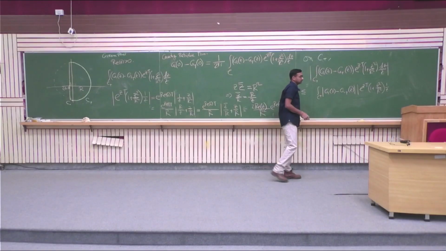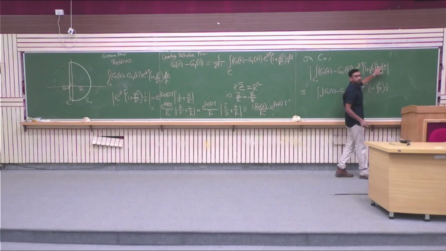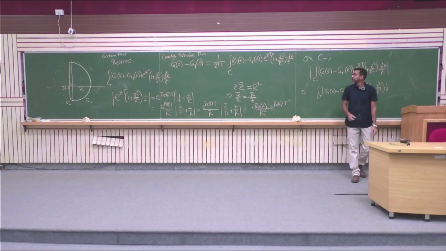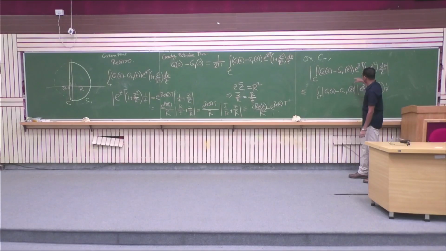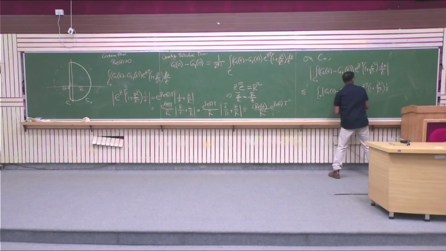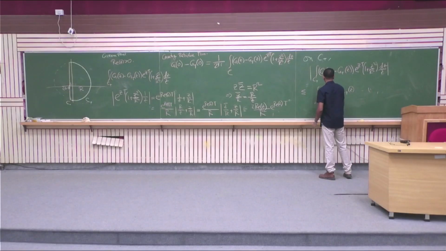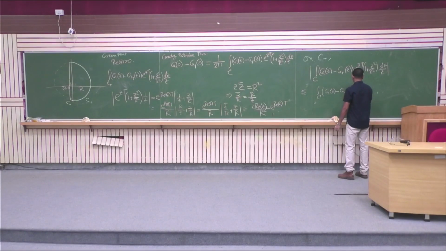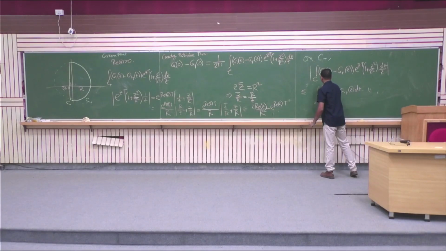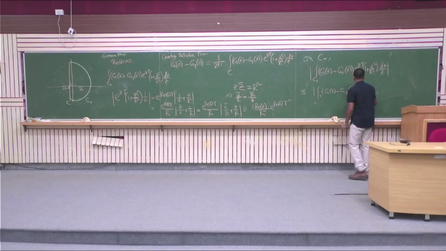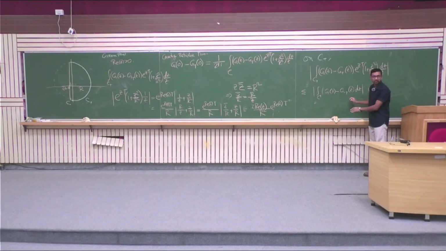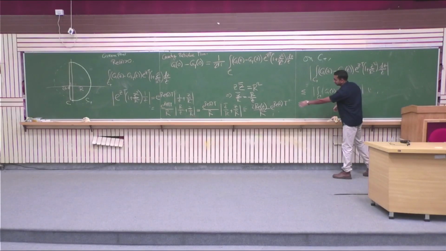Now, you are saying that what happens? I mean, with dz, but aren't we multiplying it already? I mean, didn't we consider this integral? This integral we have already considered, right? And then we have shown that this remains bounded by this thing.